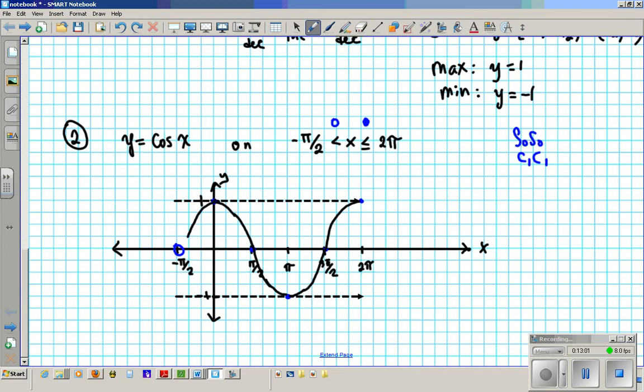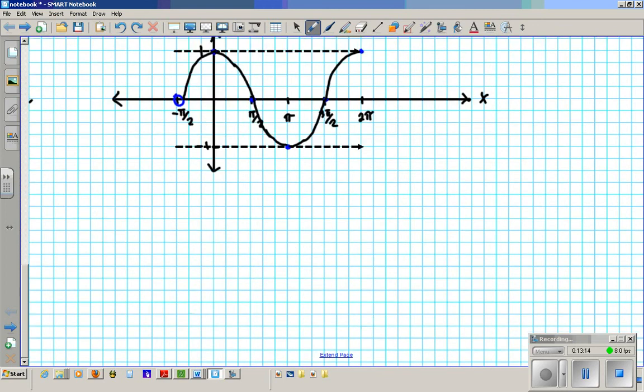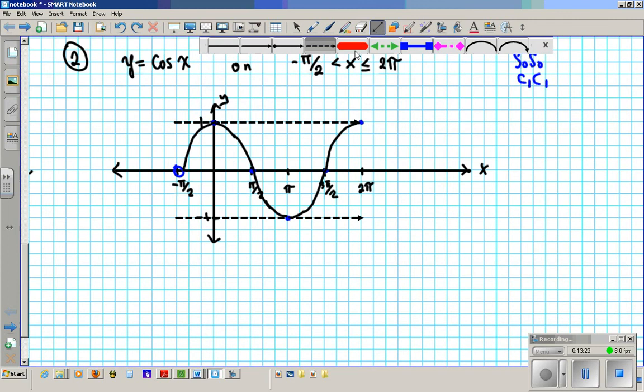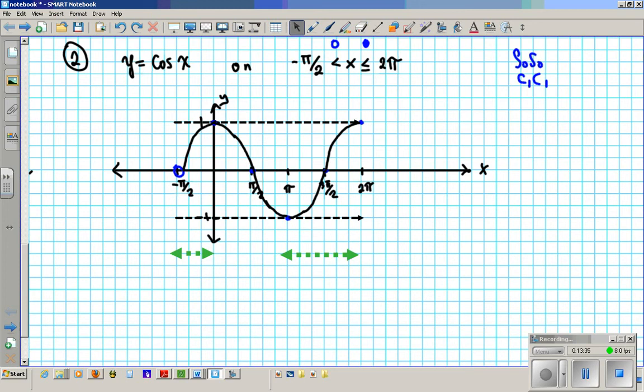Okay? Alright, where is it increasing, decreasing, and all that other cool stuff? Alright, so it's increasing here, and increasing here, and it's decreasing there, right? So let me just indicate it for you all with an interval. You see from here to here, it's increasing, and then from here all the way to there, it's increasing also.